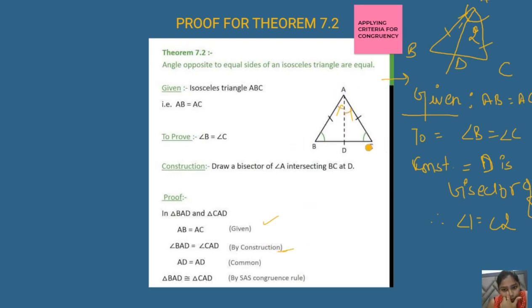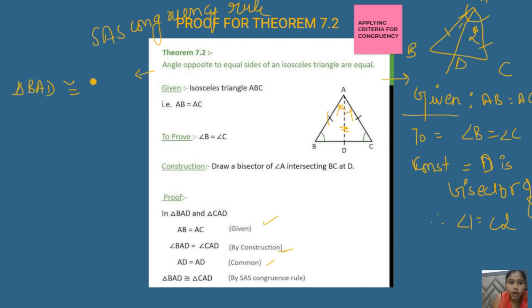That's already given, that the given triangle ABC is isosceles, so AB will be equal to AC, and you can see that AD is the side which is common between them. So AD is equal to AD, common. So side, angle and side. So by SAS congruency rule, triangle BAD is congruent to triangle CAD, right?